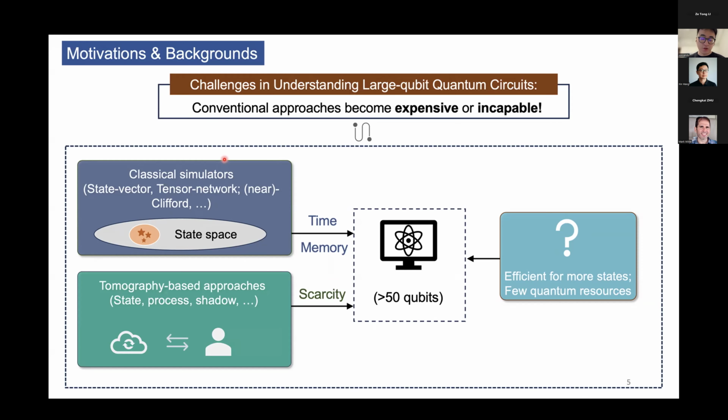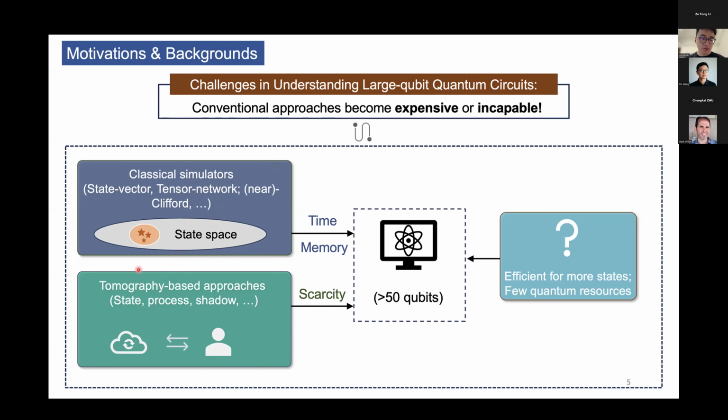But if you are working on a quantum task involving more than 50 qubits, these classical simulators become infeasible, because you can no longer use state vector simulators to brute force simulate the corresponding results. Although you can use tensor network or near-Clifford simulators to do these tasks, these two simulators can only provide efficient solutions for specific states, not all of them. So there is a trade-off between the time complexity, memory complexity, and the corresponding precision.